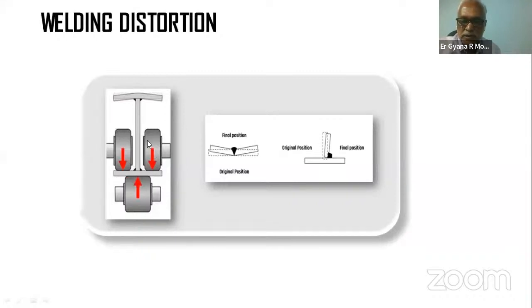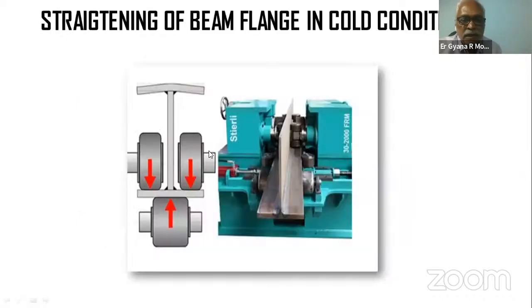When you want to straighten a roll, this principle is utilized in that I-beam welding machine, but in a hot condition. In case you don't have this machine, or you can't straighten in a hot condition, there are other machines where the beam is taken, but a lot of hydraulic force is required to straighten it, because these flanges are normally of very high thickness.